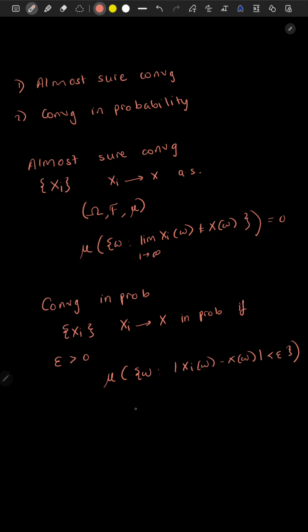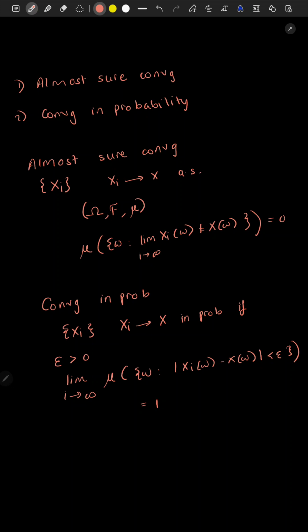Suppose this is a set, and let's denote it Bi. If you take the limit as i tends to infinity, the measure of this should equal 1.